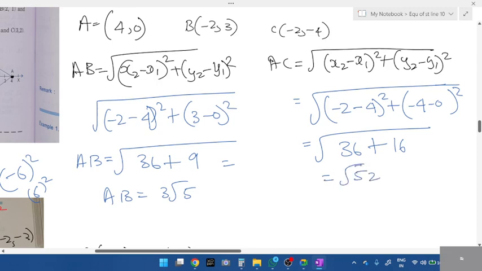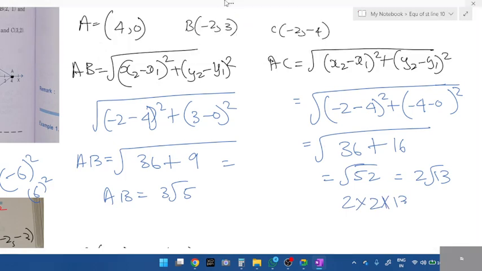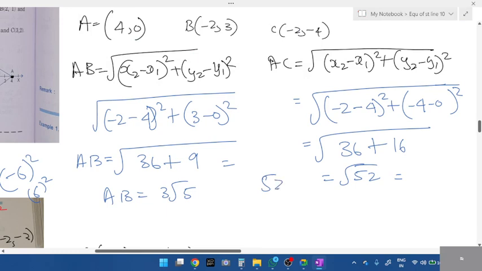when you factorize 52, what you will get? 2 root 13. 2 into 2 into 13 students. 4, sorry. Correct. Factorize 52, all of you. 52. 2 into how many times? 26. 2 into 13. And 2 into 1.